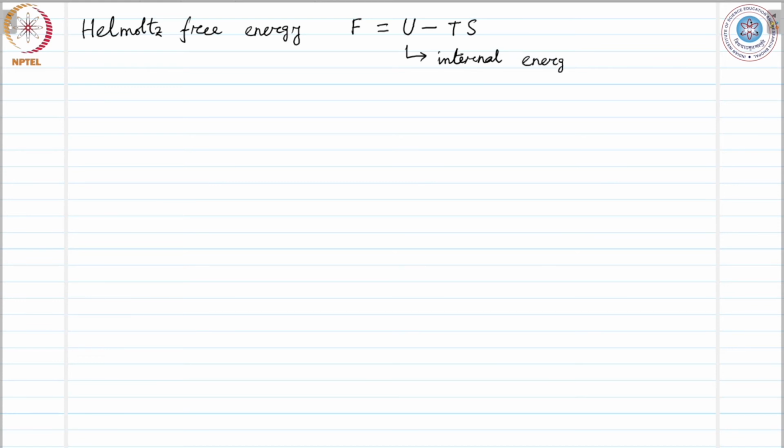If we want to calculate the free energy, the Helmholtz free energy, that would be given as F equals U minus TS, where U is the internal energy, T is the temperature, and S is the entropy of the system.